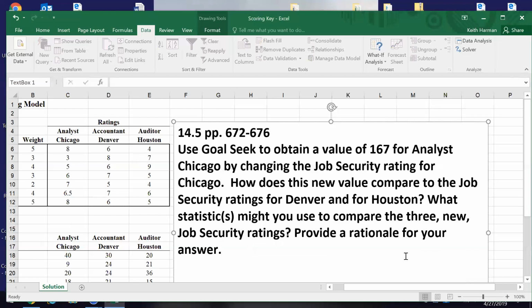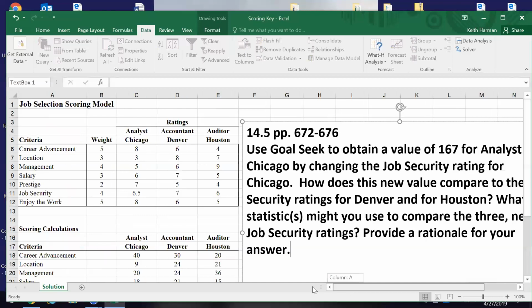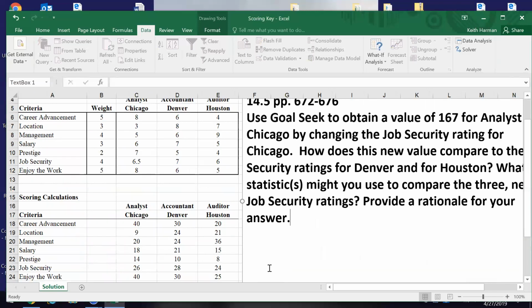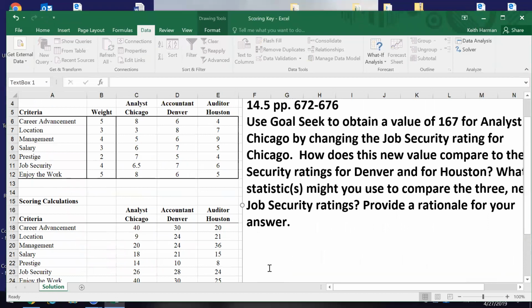Here's where I want you to demonstrate a little bit of wisdom. What statistics would you use to compare the 3 new security job ratings? And we have some new ones. And then I want you to provide me a rationale for your answer.